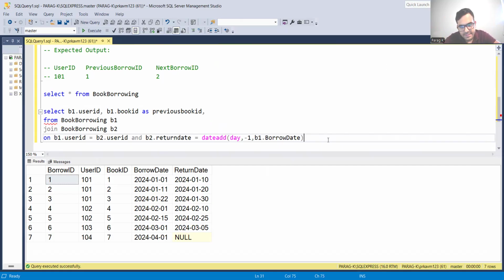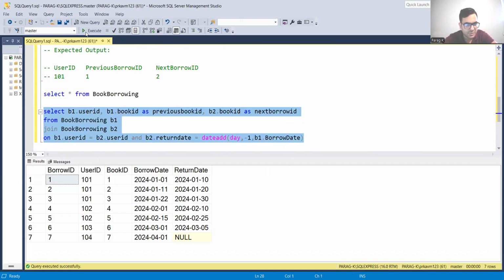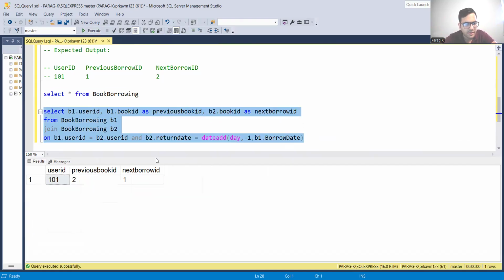Now let's see what this does. No, this will not do it, because we have to also do one more thing: next borrow ID. So let's say next, we can do something like b2.book ID as next borrow ID. Let me see if this does something or not. B1 previous book ID.